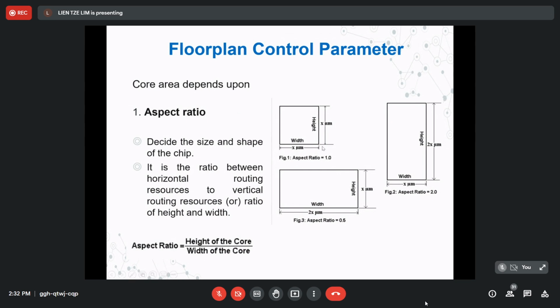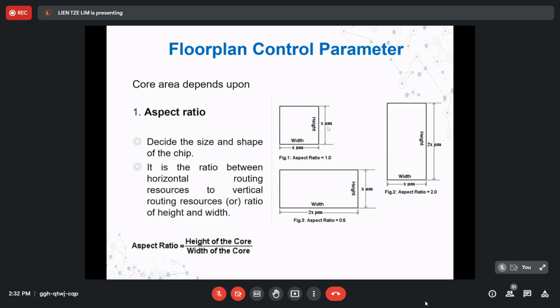If we see the figure given here, assume that all these are core areas with different dimensions, and these core areas have different aspect ratios. We can determine the aspect ratio if we know the height and width, with the use of this formula.